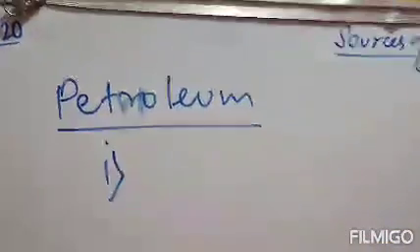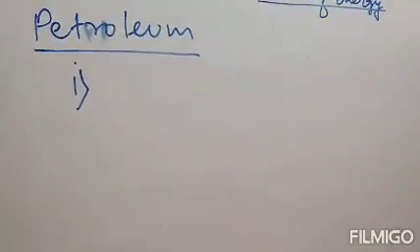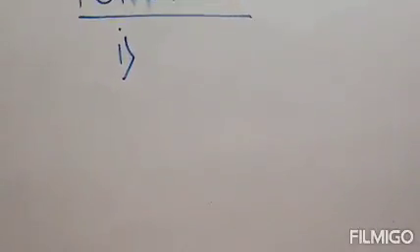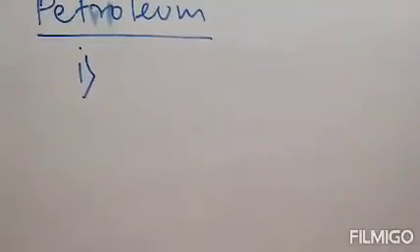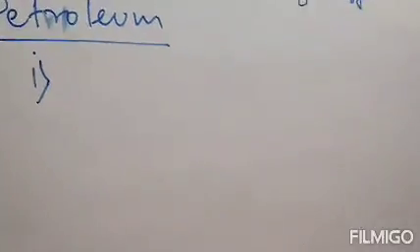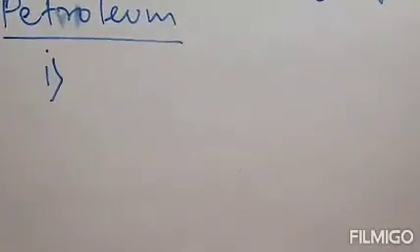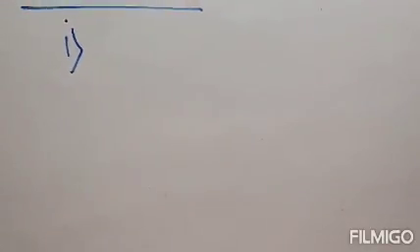The first property of petroleum: it is a clear green or black colored liquid. Sometimes it is green and sometimes black, mostly blackish, and sometimes a green pigment is present, that's why sometimes it is green, but mostly it is black in color, clear? And it is also a clear liquid.